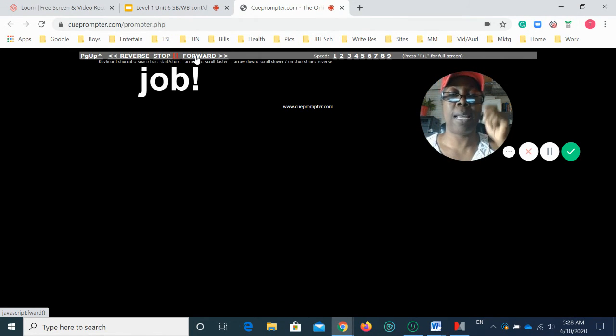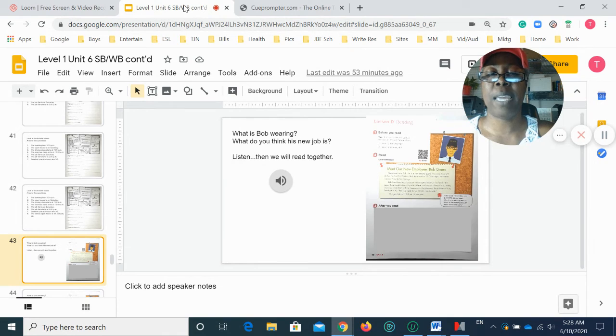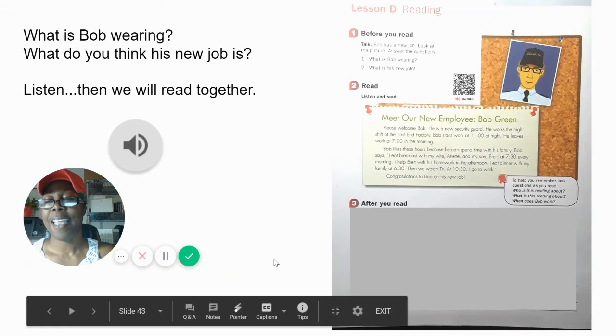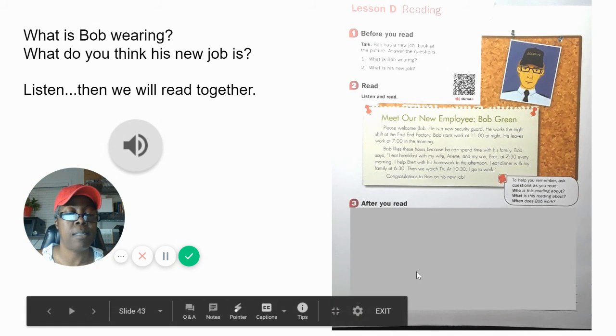So that's our reading and pronunciation. So we are going to come back over here to this page. And hi, I'm down here now. Okay, so let's talk a little bit about this reading.